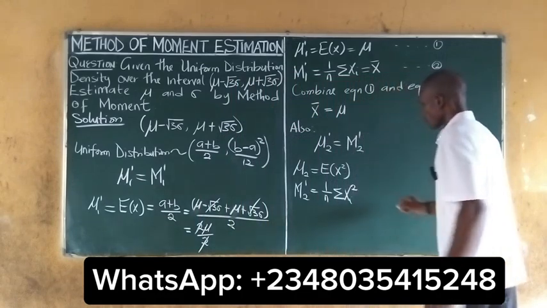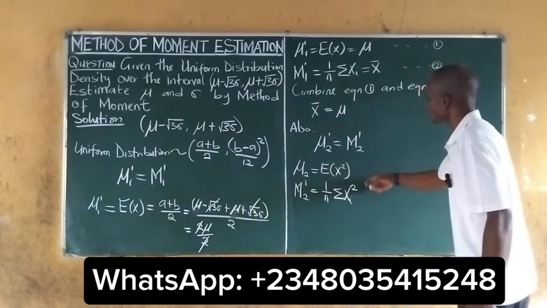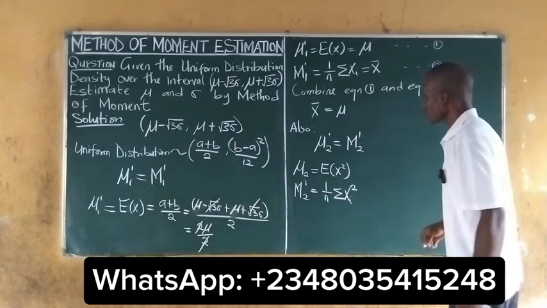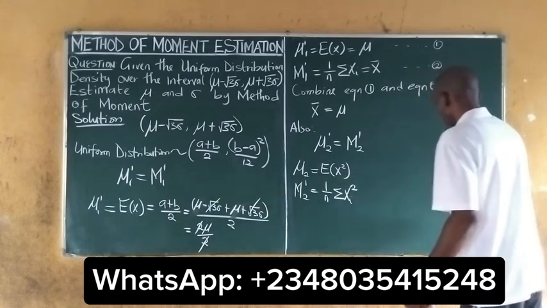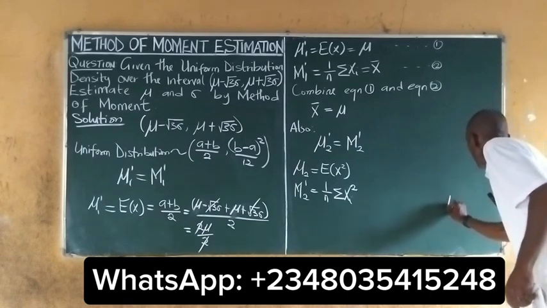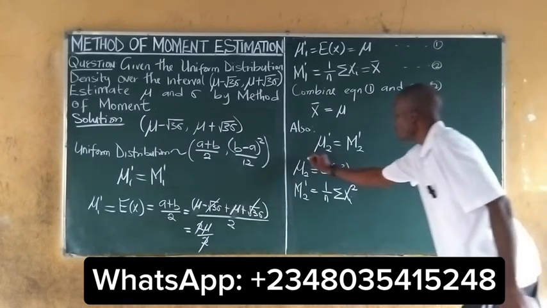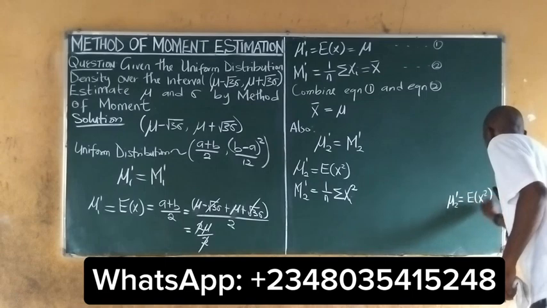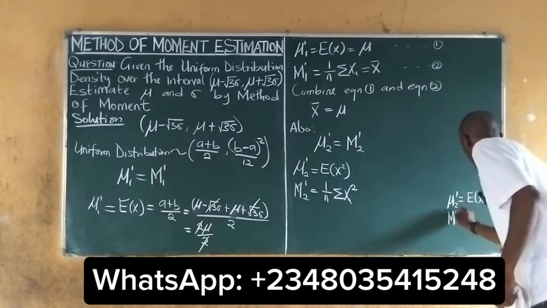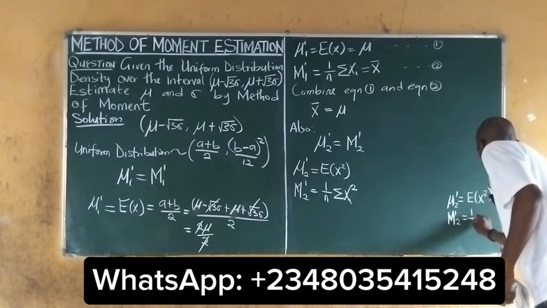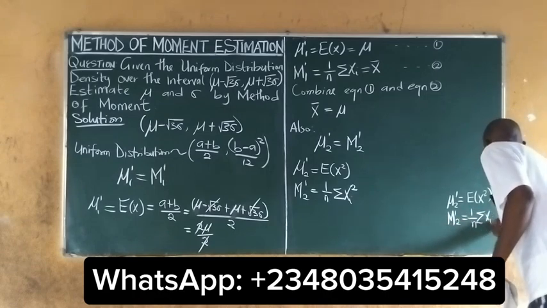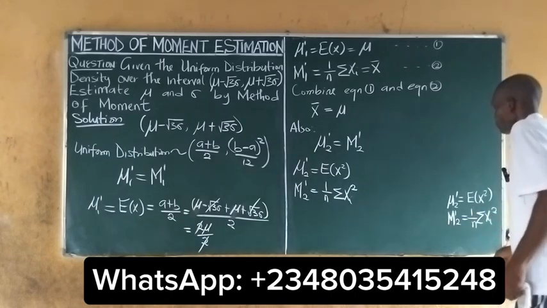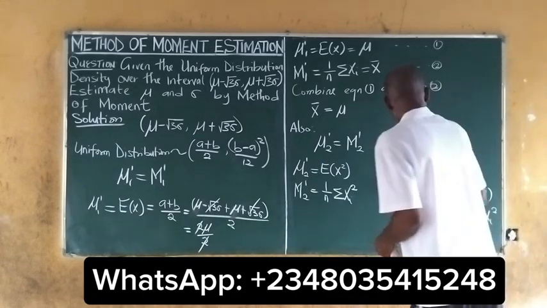So this will now be our next equation, because this is the equation we will combine. So first, we can put it down here: the population moment equal to the expected value of x squared, and the sample moment to be 1 all over n summation of xi raised to the power of 2.